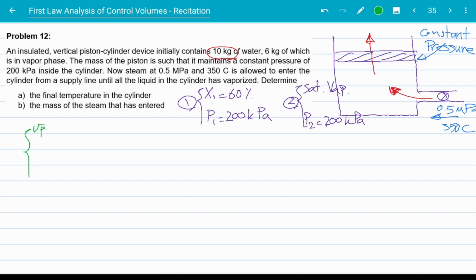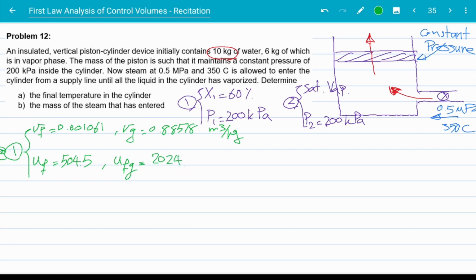So v_f is 0.01061. v_g is 0.88578, both in meters cubed per kilogram. u_f is 504.5. u_fg is 2024.6, both in kilojoules per kilogram.